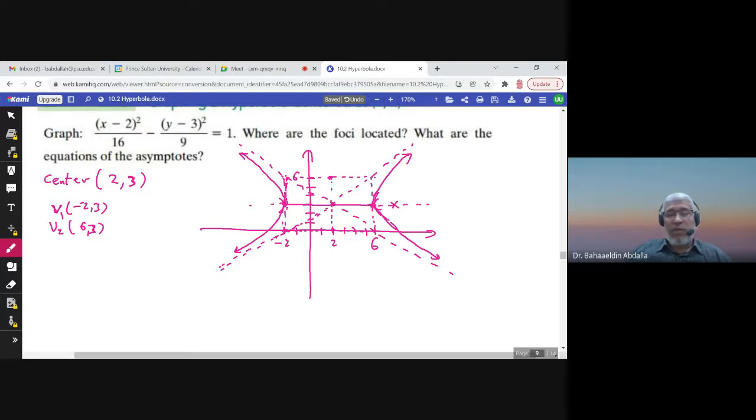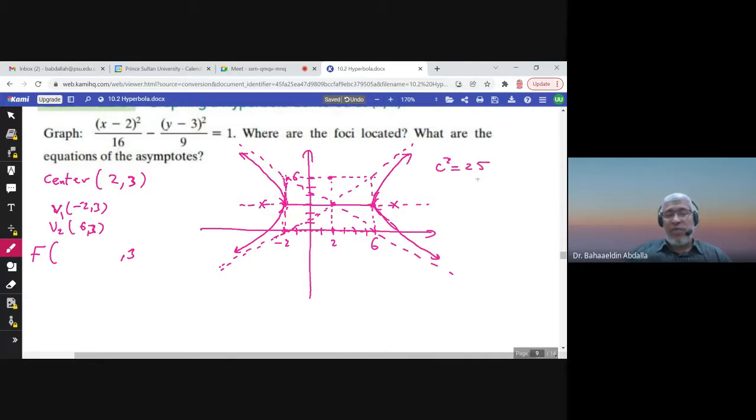What are the coordinates of the foci? The center is (2, 3), so now I will add c to 2. I'm going to the right and to the left, so 2 would be changed while 3 will remain 3. So I need to find c. Well, c squared is a squared plus b squared, 16 plus 9, 25.